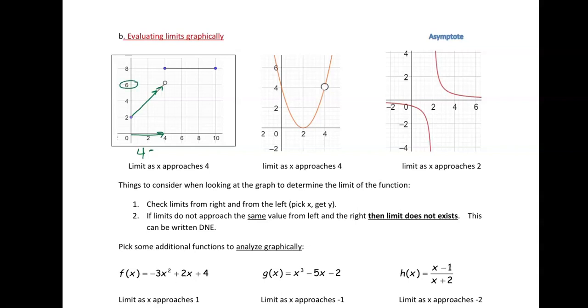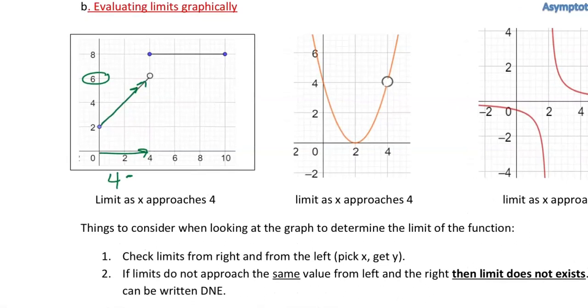Now notice there's a hole in this function. So I don't actually get there. I approach it, but there's not a value there because that's why it's a hole. Let's approach the other way. So change colors. We're going to approach this way. You're on this function. This is a piecewise function. Okay, I'm approaching. When I approach from the positive side, look what happens.